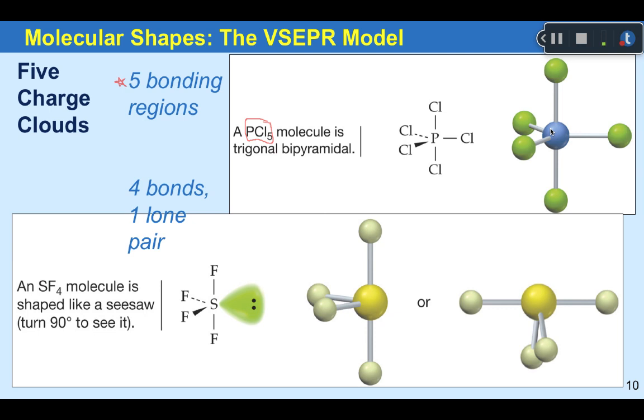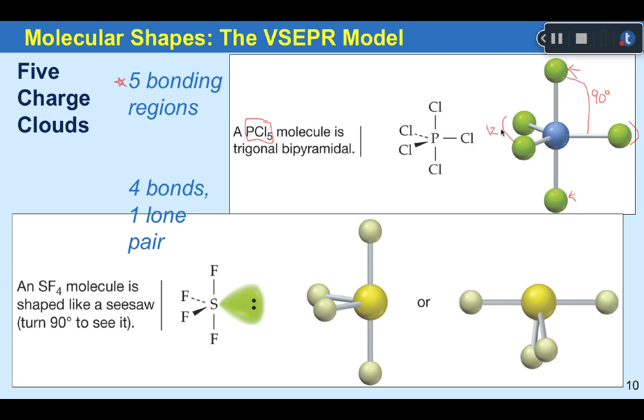The geometry shown at the right gives us two chlorine atoms in the axial positions, and the remaining 3 are in equatorial positions. The angles will be 90 between the axial and the equatorial, and 120 between the equatorial positions, just like we showed in the previous example.